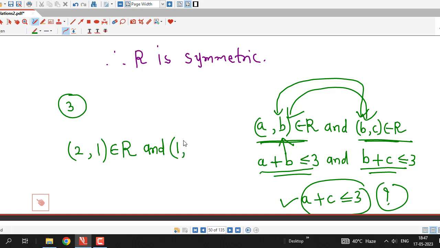And we can see that (1, 2) is also in R, because 1 + 2 equals 3. Therefore this is also in the given relation. So it is clear that (2, 1) belongs to R and (1, 2) belongs to R.